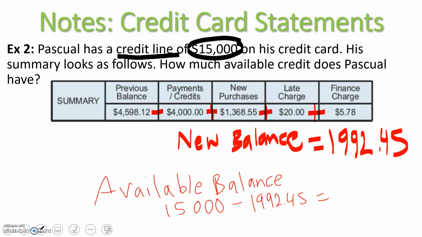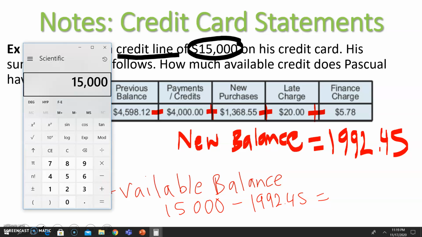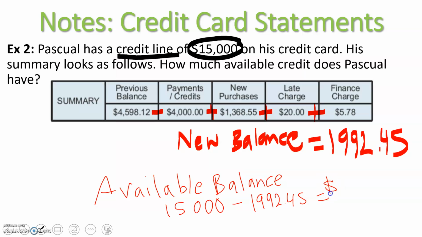If we subtract those two numbers, we should get how much he has left. So 15,000 minus $1,992.45. So we can see here that he has $13,007.55, and that is his available balance. So that's the amount that Pasquale can still borrow.